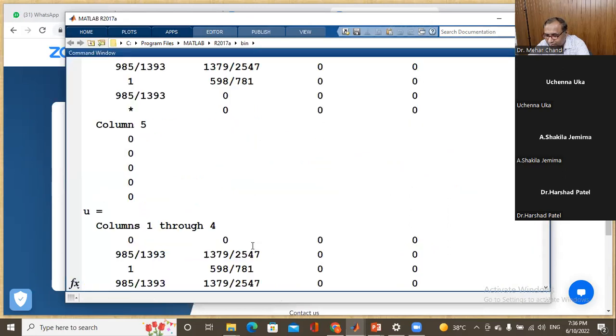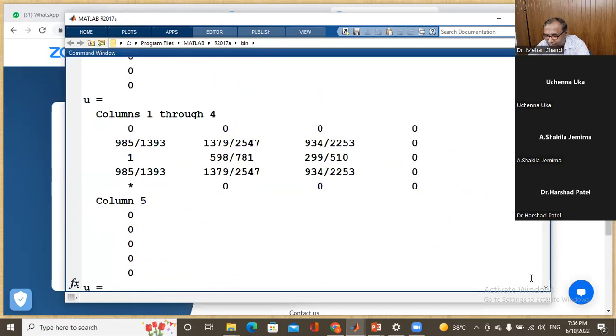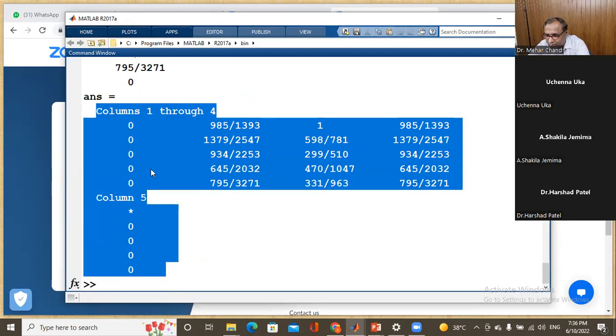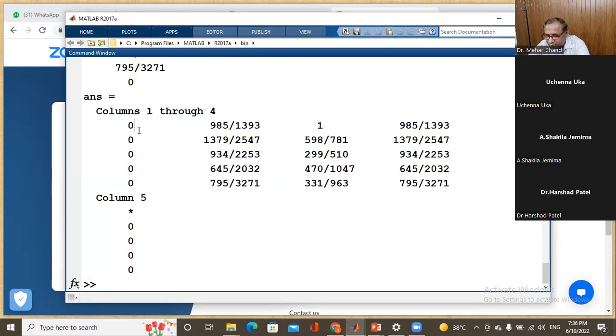Actually, this is the whole partition. The first column, second column, third column, fourth column, fifth column, all are the values of the temperature U. This is the dependent variable.